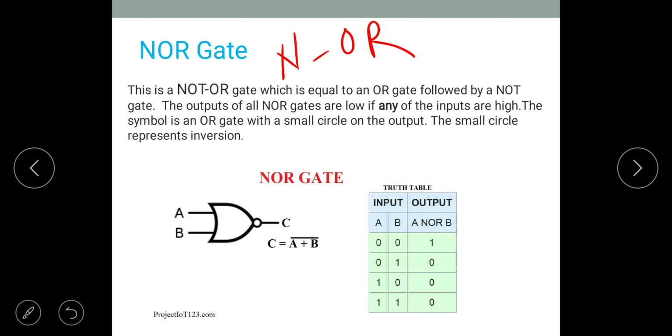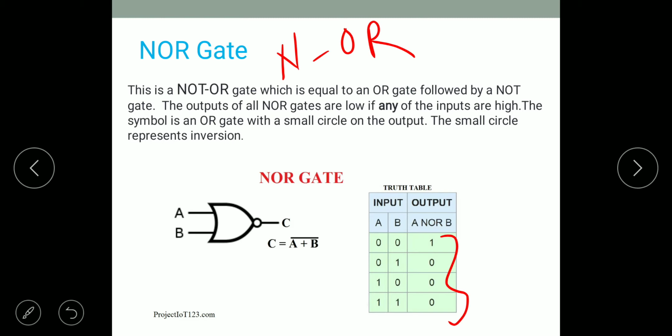If we see the outputs of the NOT OR gate, what is the difference in output between the NOR gate and the OR gate? The difference is only the last output. A NOT OR gate is equal to an OR gate followed by a NOT gate.